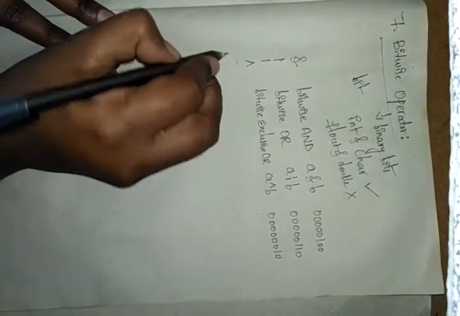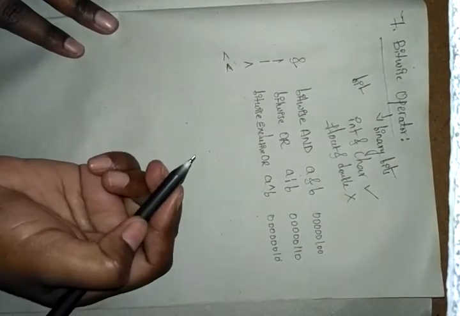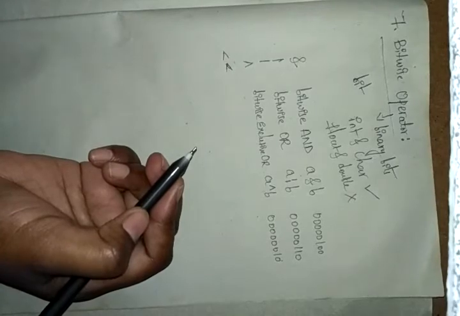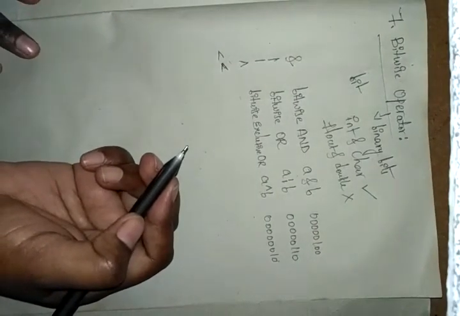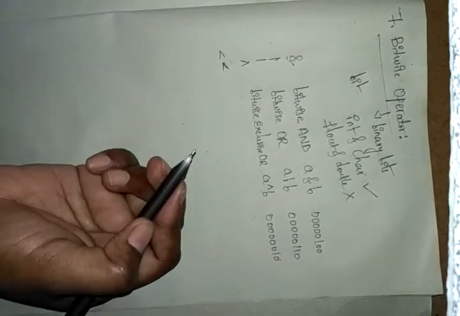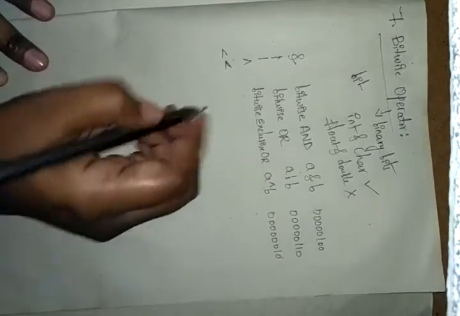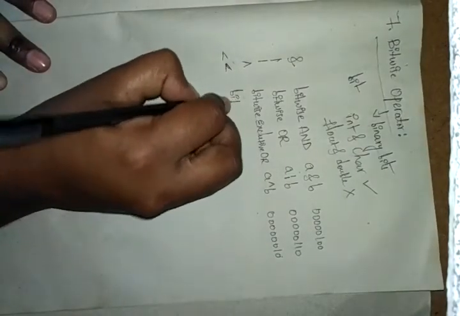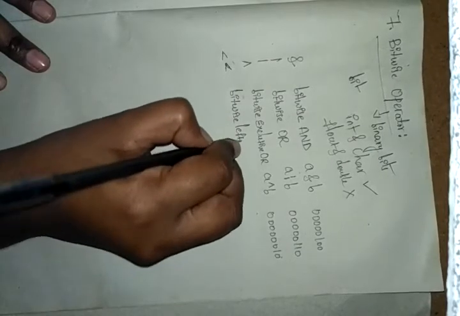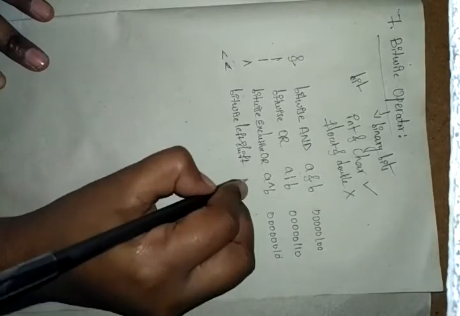And next, normally in the relational operator we call this less than, right? But in the bitwise operator we call this shift left, or else we can call it left shift. We can call this the bitwise left shift.